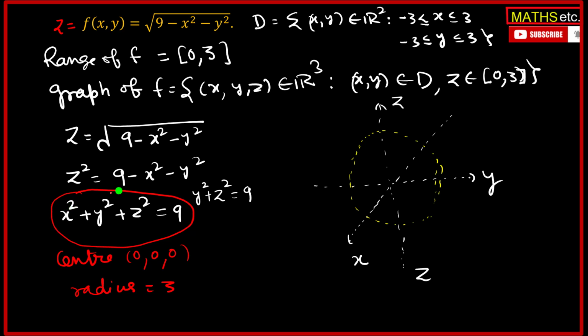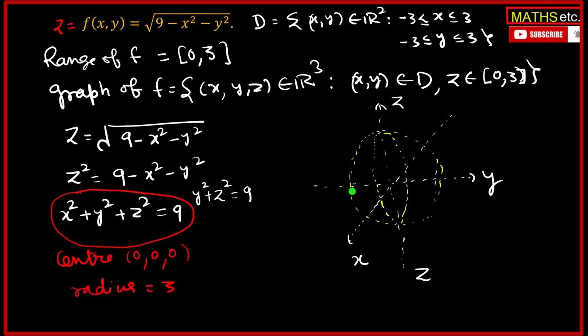Another circle, if we put y equals 0, will be a circle in the xz plane. So we have the xz plane like this, so another circle will be this, cut by the xz plane. So this is the second circle. And the third circle, in the xy plane, if we put z equals 0, the xy plane will cut this sphere into the circle x square plus y square equals 9.